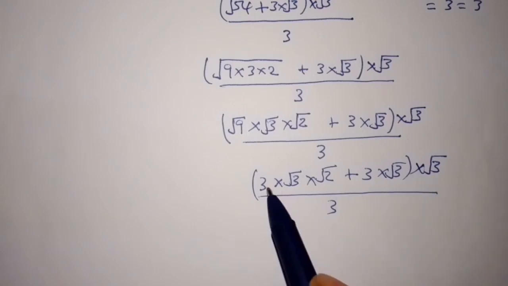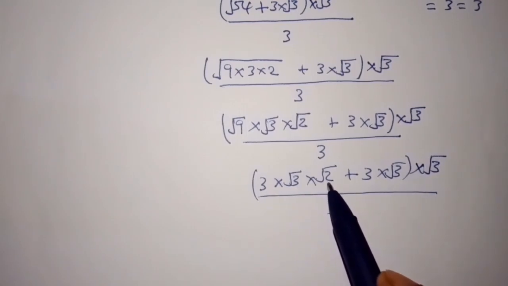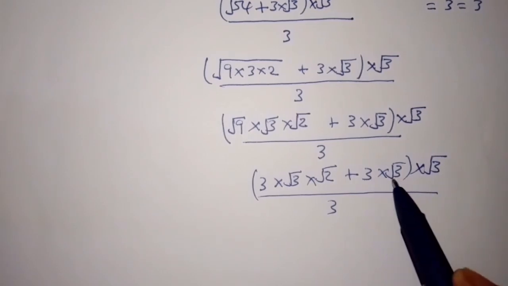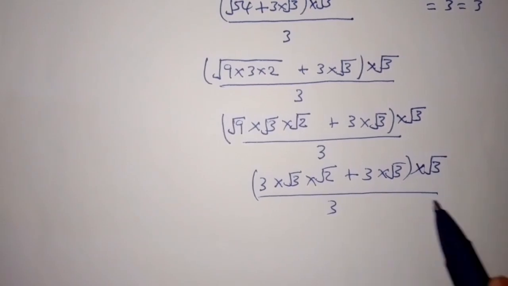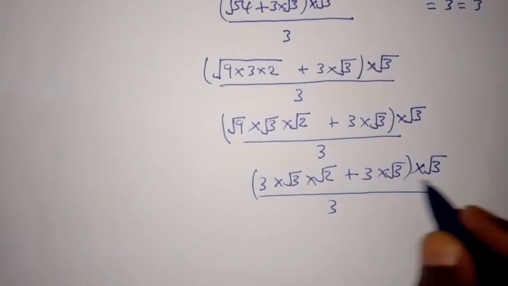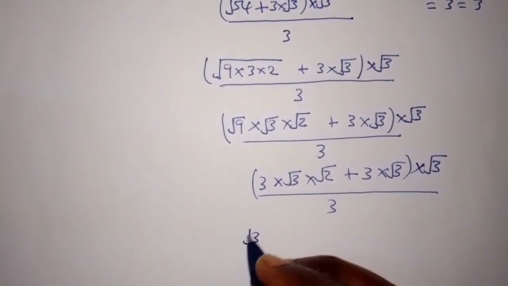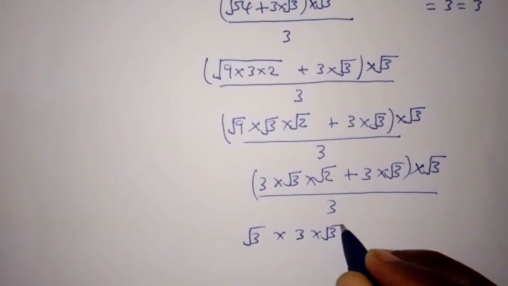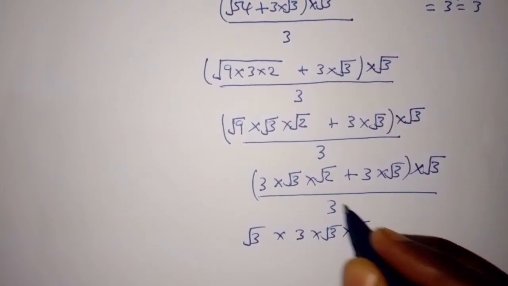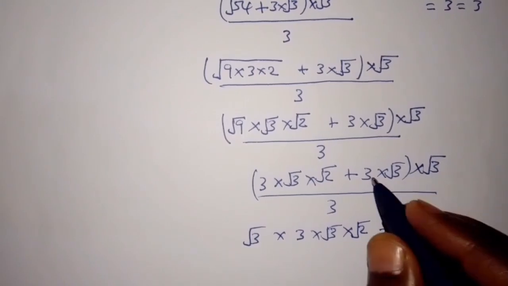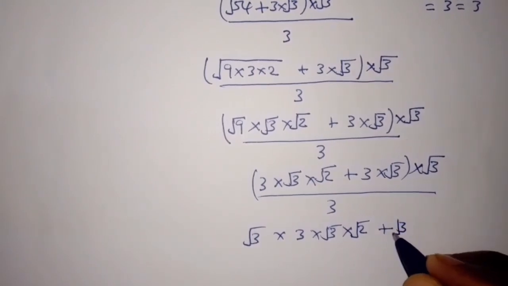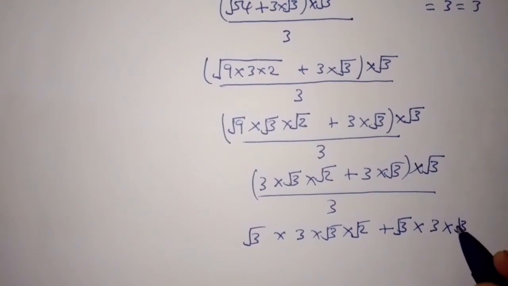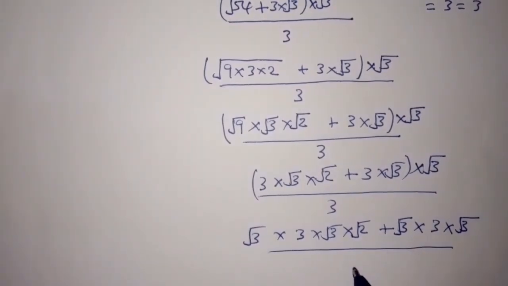Square root of 3 times 3 times square root of 3 times square root of 2, plus square root of 3 times 3 times square root of 3, over 3.